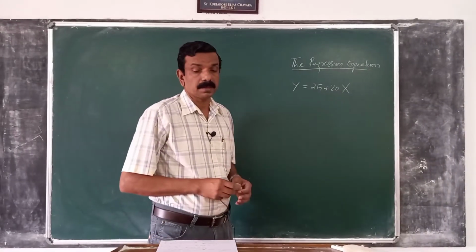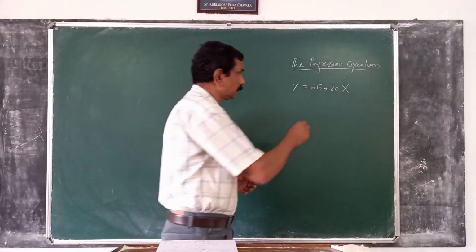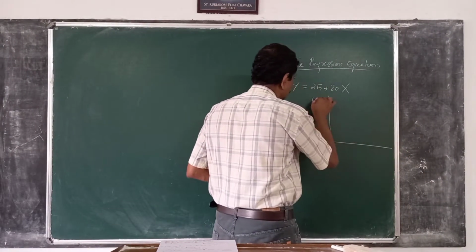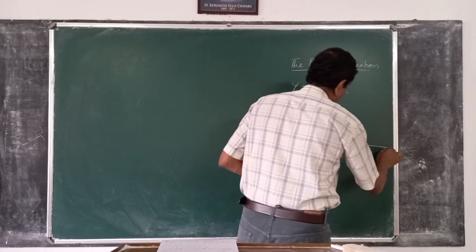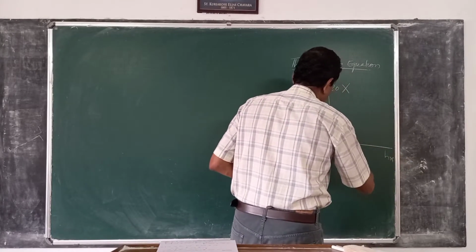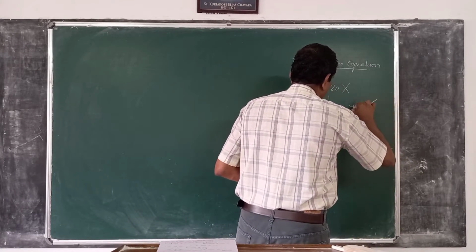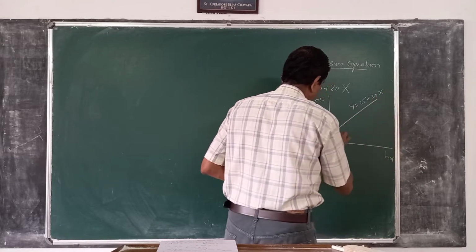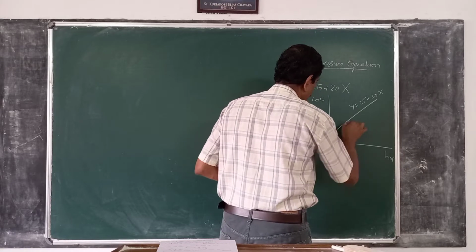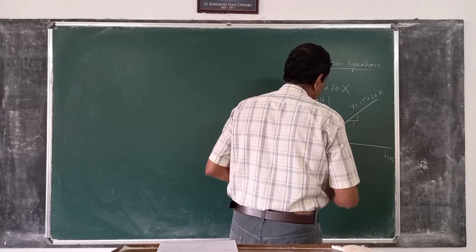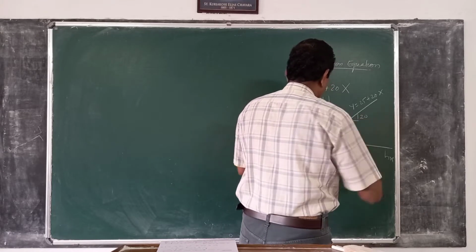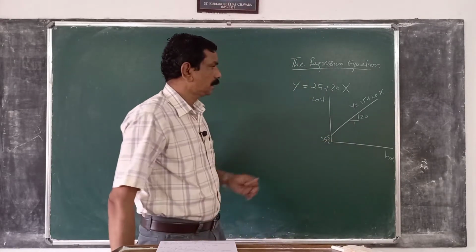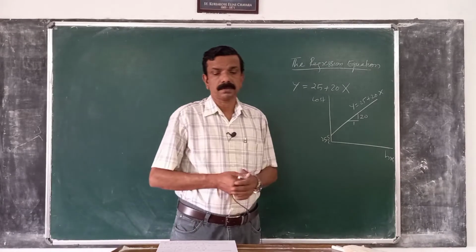If you take cost here and hours here, you will get y is equal to 25 plus 20x, where the y-intercept is 25 and the slope is 20.